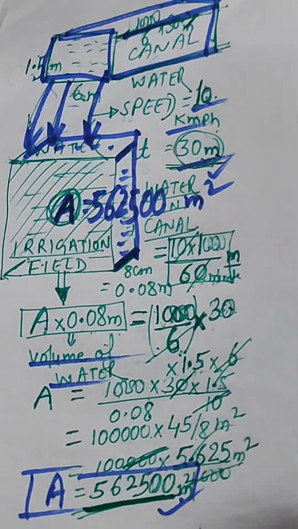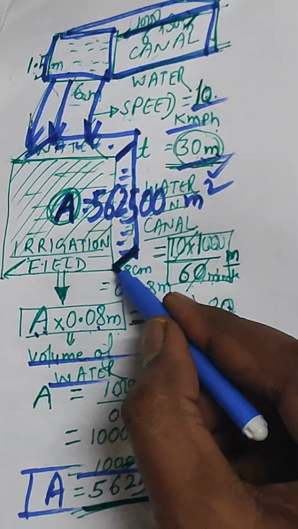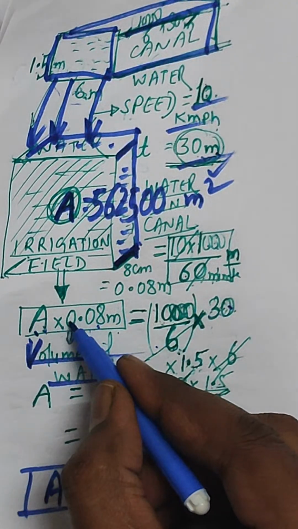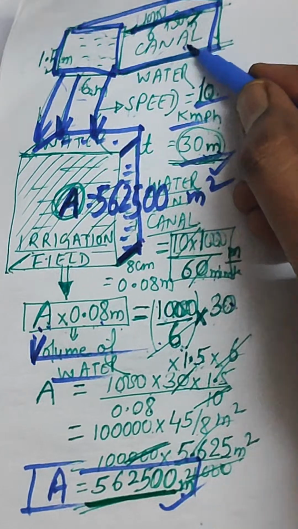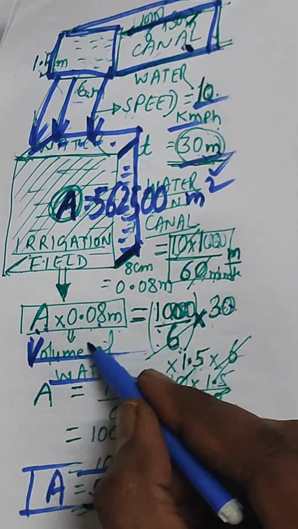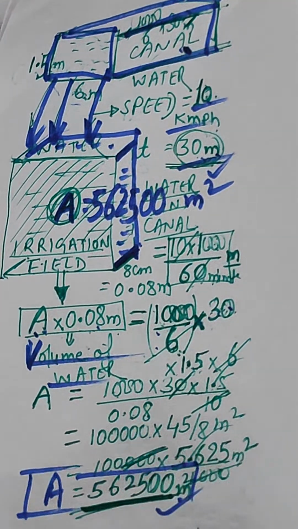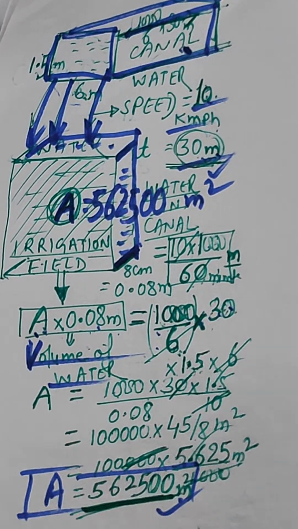So you just equate the area of this field multiplied with the height of the standing water. This will give you the volume of water in the field, which equals the volume of water flowing through the canal, right? We just equated it and found the value of the area. So the area will be 562,500 meters square. You understand that?